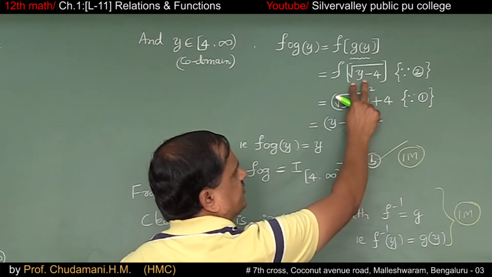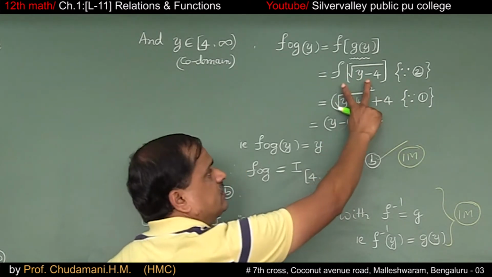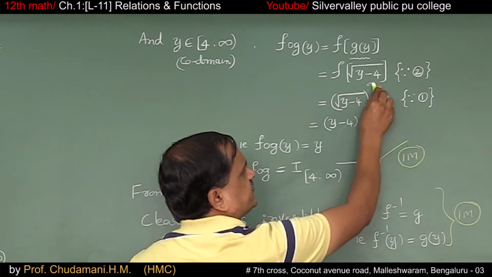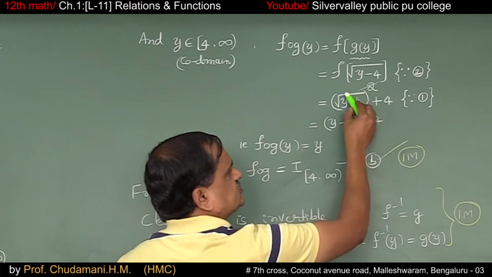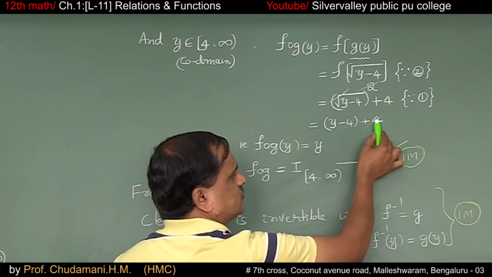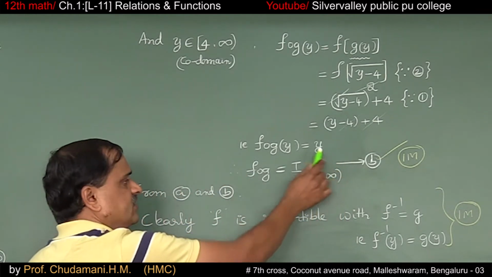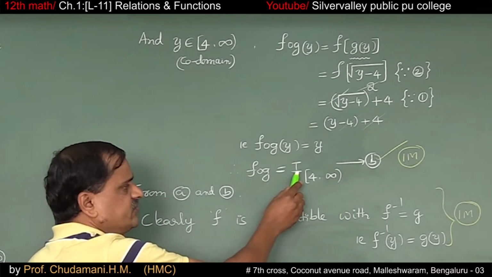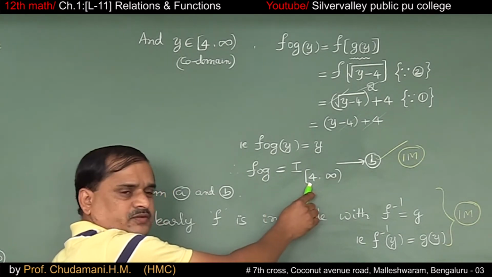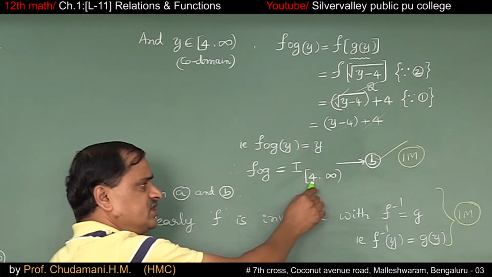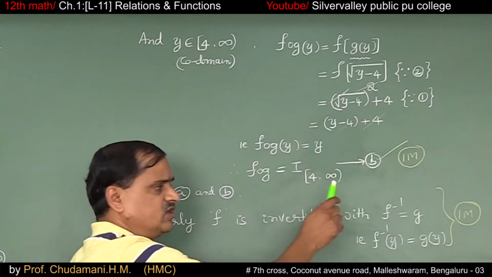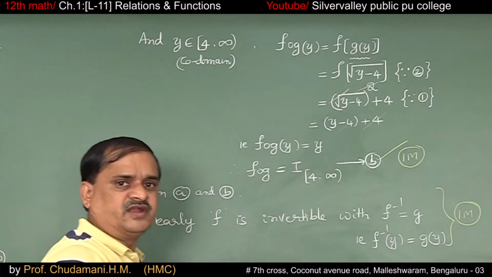Using equation 1, f of x means x square plus 4. f of this means this square plus 4. Square and square root get cancelled, y minus 4 plus 4. Plus 4 and minus 4 get cancelled. We are left with y. That means f o g is an identity function on the codomain of f, that is the closed interval 4 to infinity. Say this is equation B. So if you get equation A, 1 mark, equation B, 1 mark, identity function.